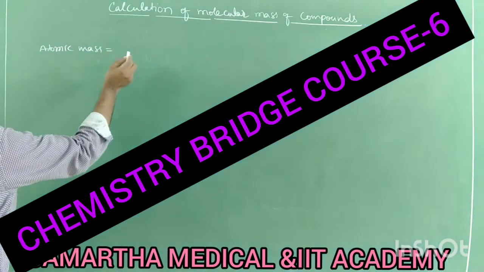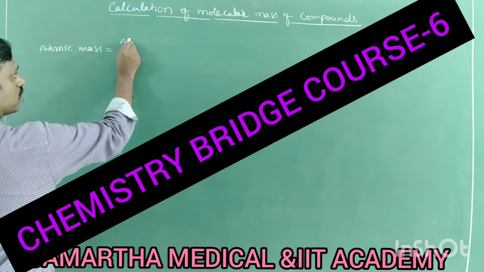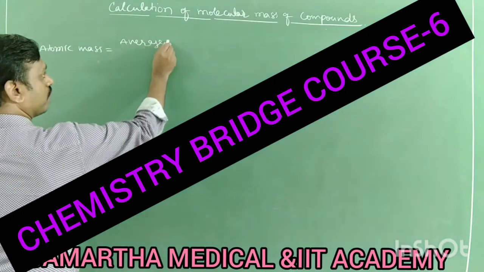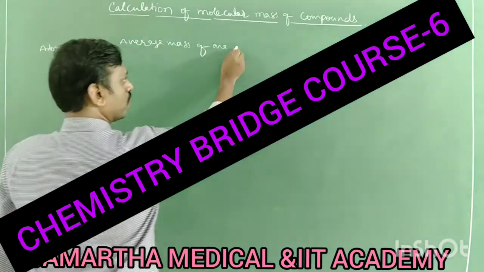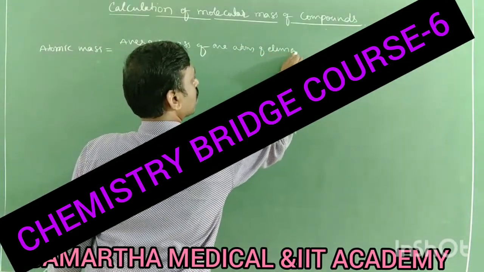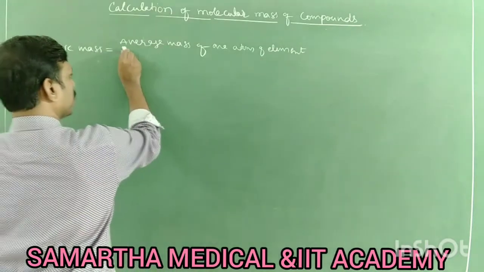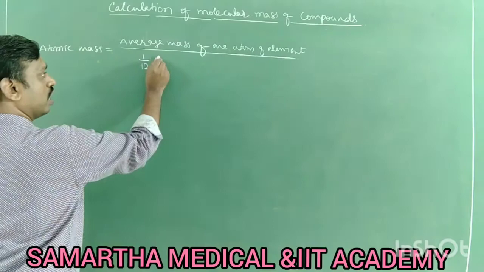Atomic mass is the average mass of one atom of an element divided by 1/12th mass of the C12 isotope.